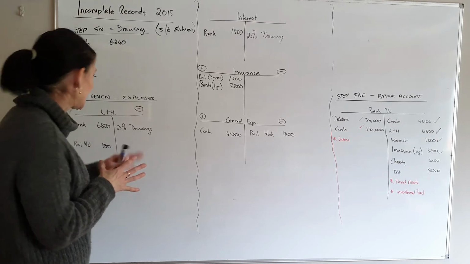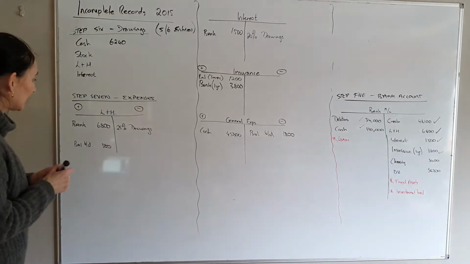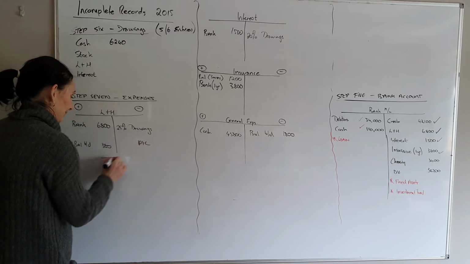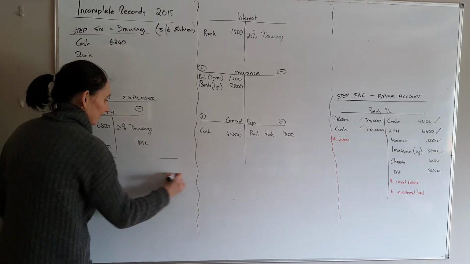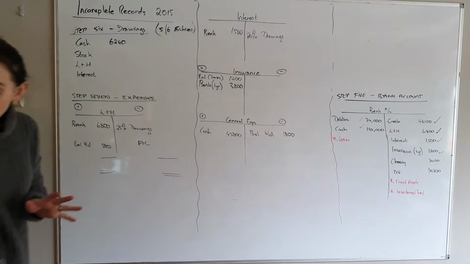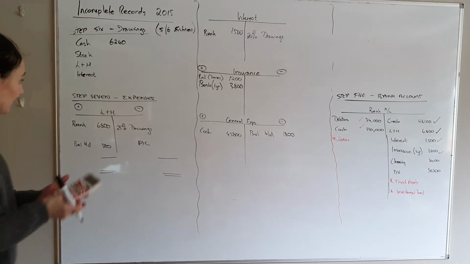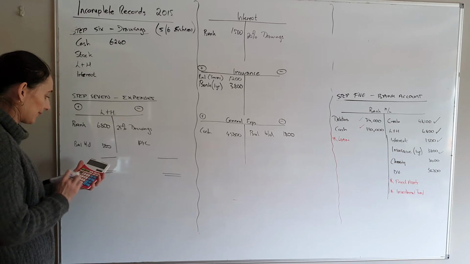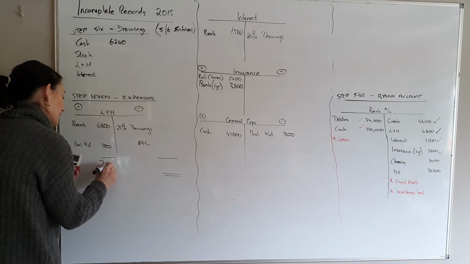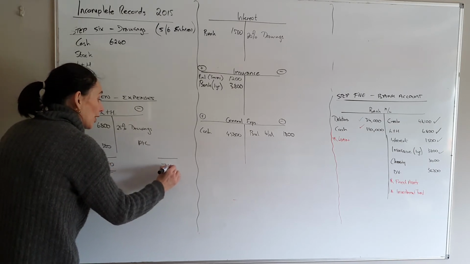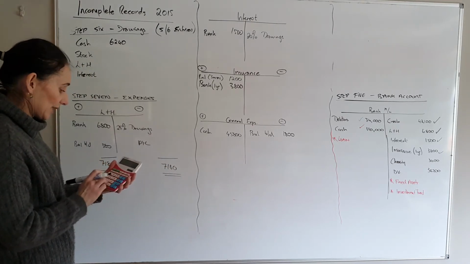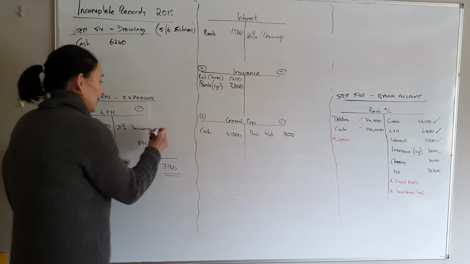Okay, so let's look at this here. So what we want is, we want the figure for the profit and loss. So what we would do, if you ignore the drawings first, that means you have 6,800 plus 380 is 7,180. So that's how much you would have used for your light and heat. But you've just been told that 25% of that figure is drawings.